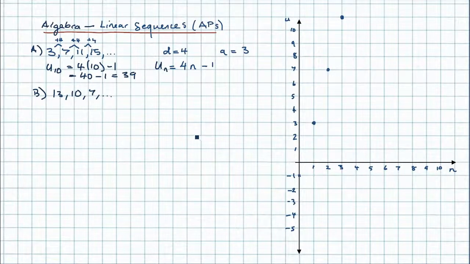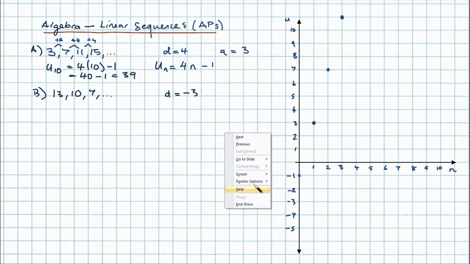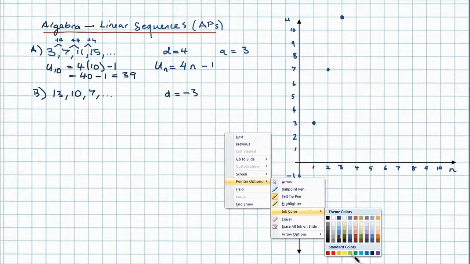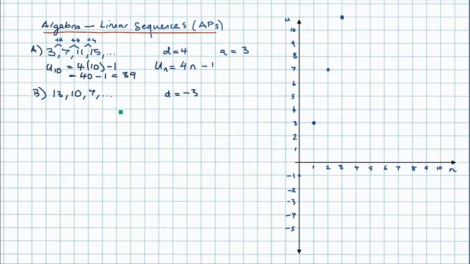Okay, so you can see where I'm going with this. So D in this case is minus 3 because we're descending in the sequence. And if we plot this on our graph, let's use a different color. We would start with 13. Well, we can't fit that on our graph, but if we look at 10, that would be the second term, so 10 would be plotted here.